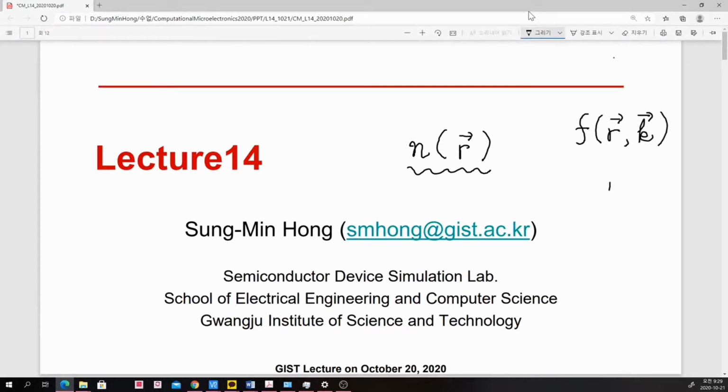At a given position, how many electrons are there, and what is the velocity distribution of this electron gas. That is additionally given by this distribution function. Electron density has no idea about that.